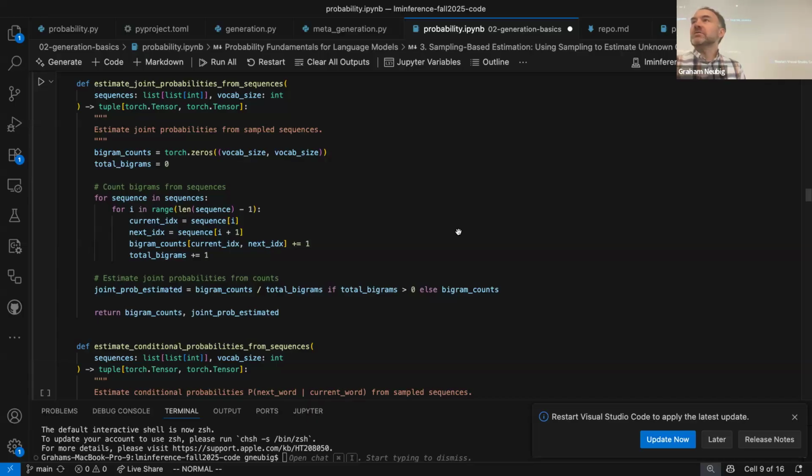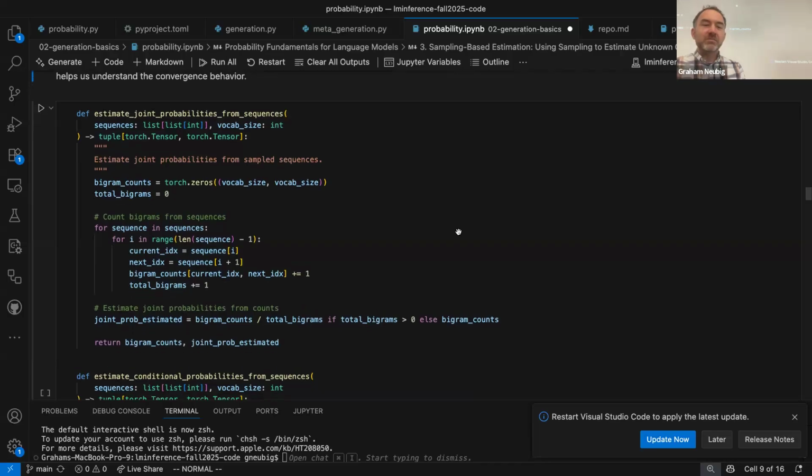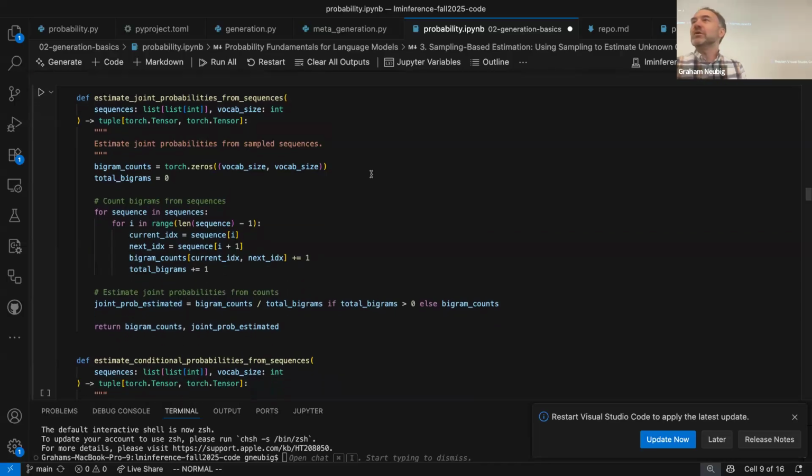There's no analytical solution where you throw in your transformer and say, okay, now run the system of equations and tell me how much toxic content there is. But what you can do is sample a million outputs and see what percentage of them are toxic. And so that gives you the expected number of toxic outputs that it would generate given a particular prompt or something like this. But we're gonna do something a little bit more boring, which is just estimating the joint probability of any two tokens in a sequence.